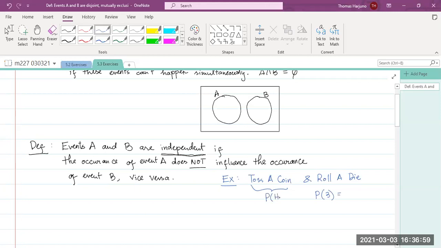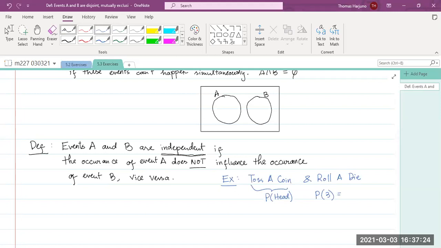Let's say I get a head right now. Does the probability of getting a 3 change? No. Why? Because the outcome of tossing a coin, the probability that you get a head, is independent from the probability you get a 3.